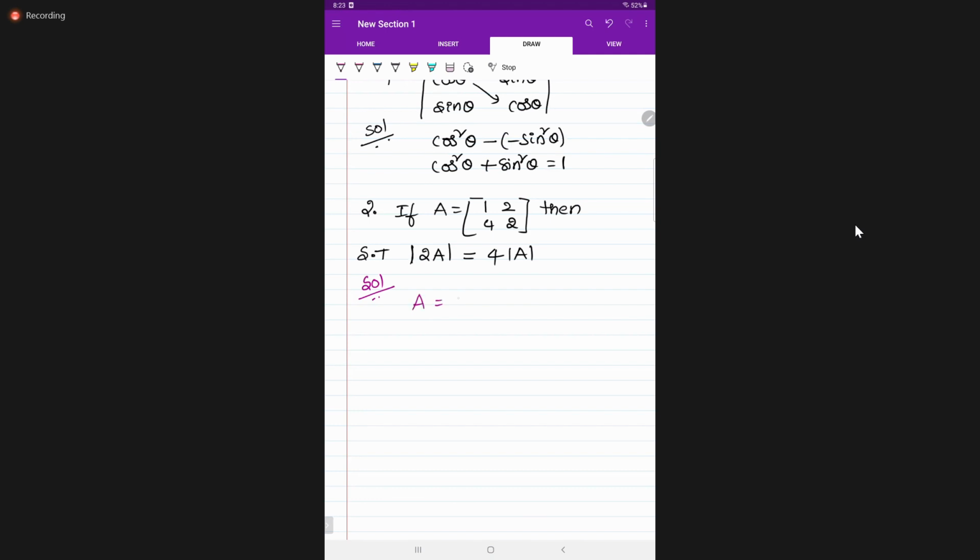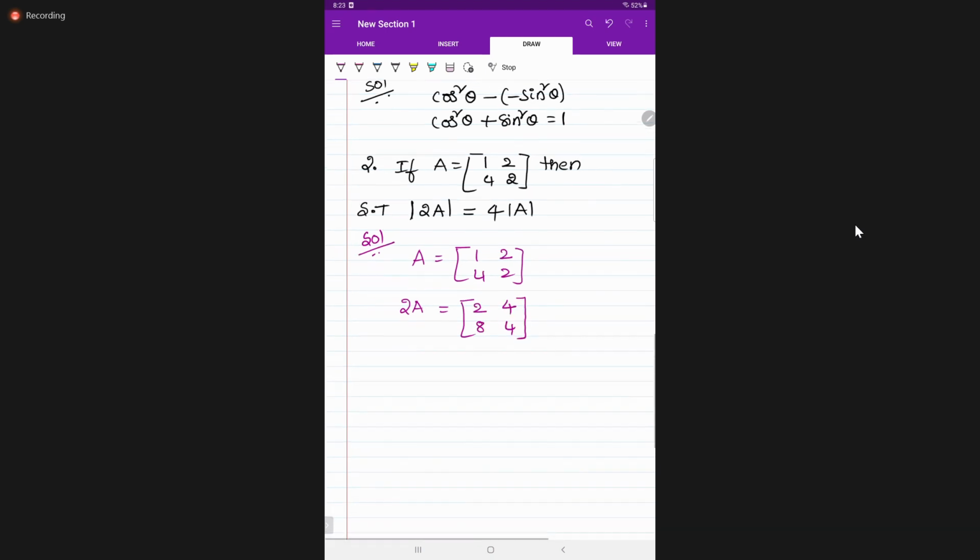Here, given matrix is capital A equal to [1, 4; 2, 4]. First, take LHS, det of 2A. First of all, take 2A, so each and every element is multiplied by 2. Then what you get here? 2, 8, 4, 8.